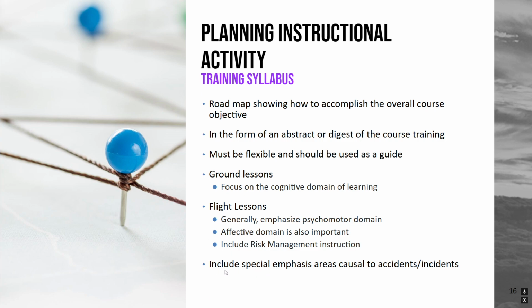Include special emphasis areas causal to accidents and incidents. So one thing we can have a special emphasis on is low, slow approaches, which a lot of times leads to stalling on short final, something like that.